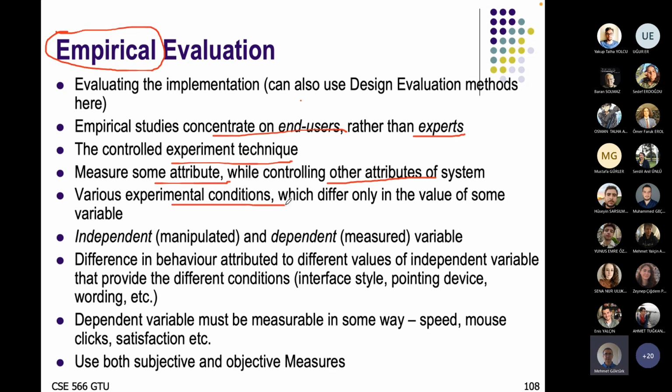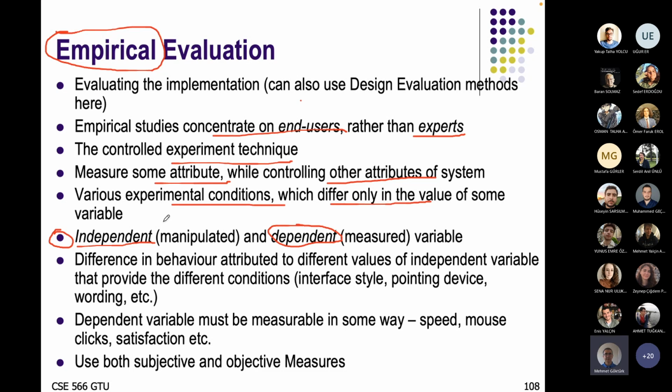Various experimental conditions differ only in value of the sum variable. There will be independent variable and there will be dependent variable. Okay. We manipulate, we change, we play with the independent variable and we measure the dependent variable, such as method A versus method B and time to complete the task.